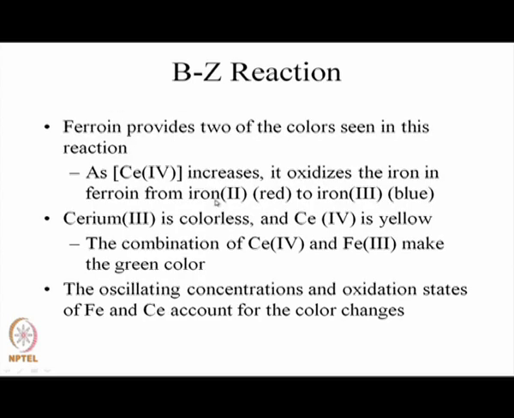The ferroin form gives different colors like red to blue, and cerium(IV) is yellow, cerium(III) is colorless. So depending on the concentration of iron(III) and iron(II) and also cerium(III) and cerium(IV), different colors are visible.